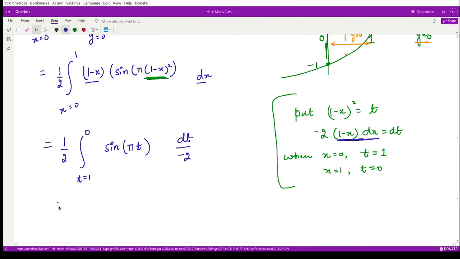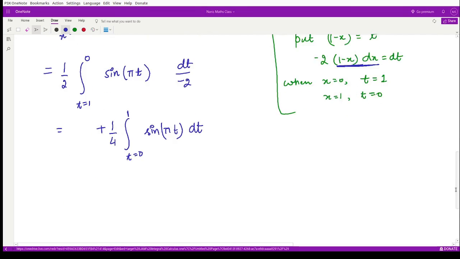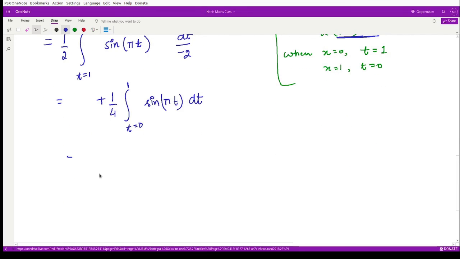So this becomes minus 1 by 4 integration. This minus can be absorbed to invert the limits. So I can write plus 1 by 4 integration limits from t varying from 0 to 1 sine of pi t dt. So here, what is the integration of sine?